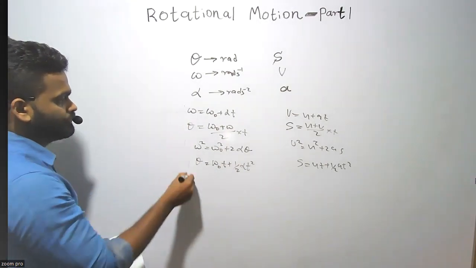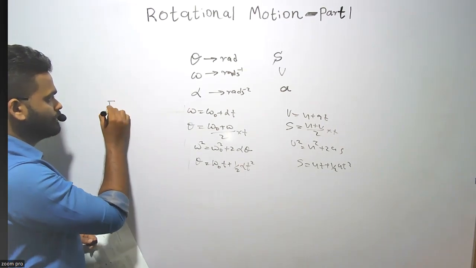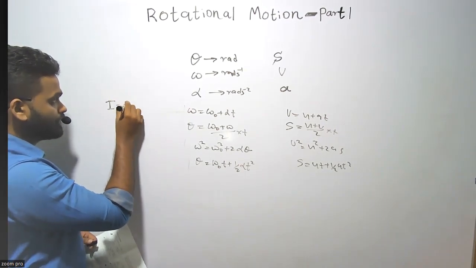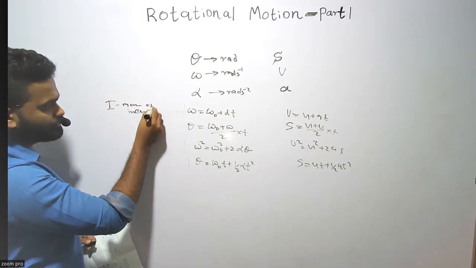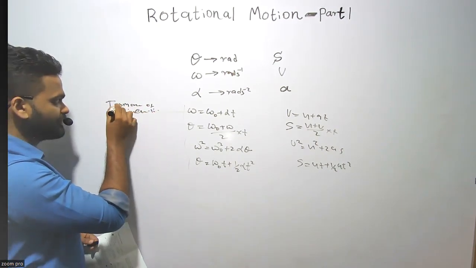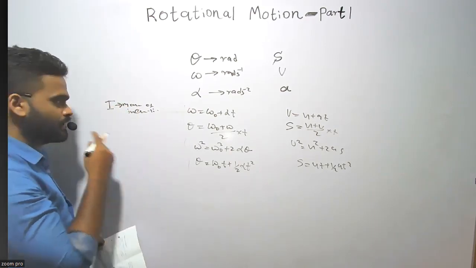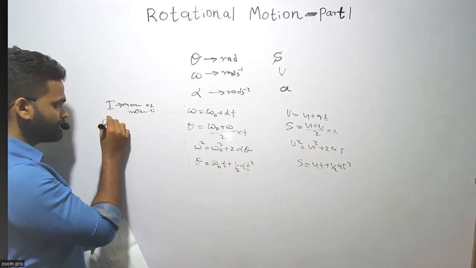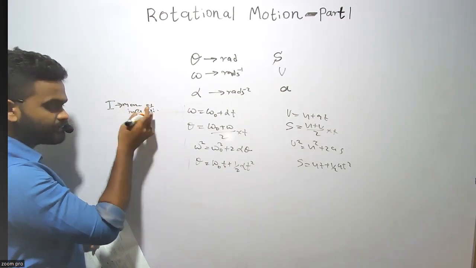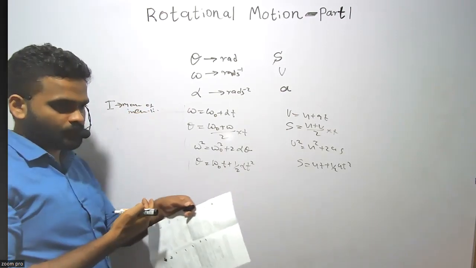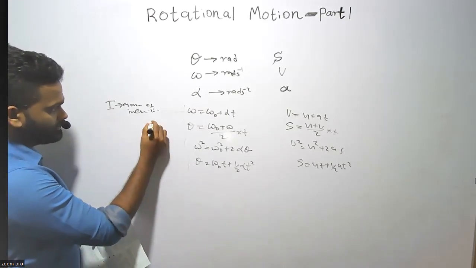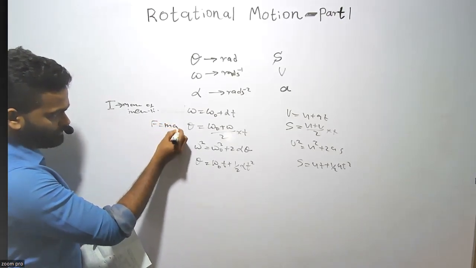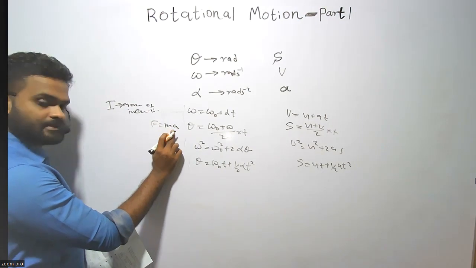After that, we introduced moment of inertia. This moment of inertia is similar to mass. So once you introduce a quantity that is related to mass, then you can convert these equations as well. So we have discussed F equals ma.